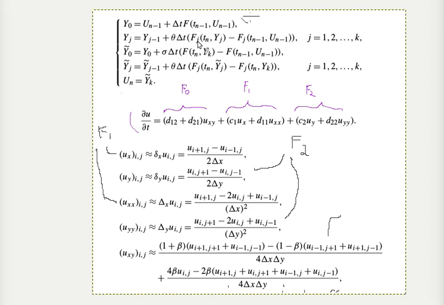Fj, in this case when j equals 1, fj will refer to f1. And here you'll evaluate f1 for, as I said, the current time and the same yj that you're looking for. And then you'll also have fj at the previous time for the previous solution u.